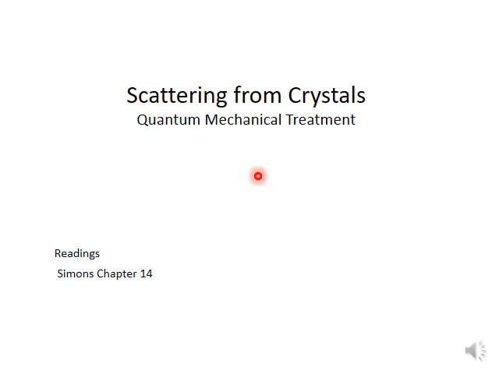Today we're going to have a look at the same problem from a quantum mechanical perspective, and this gives some more insight into the problem and gives some quantitative explanation of the scattering experiments.